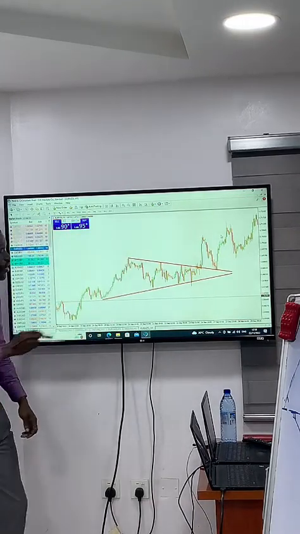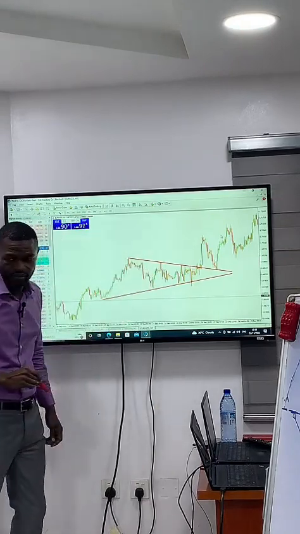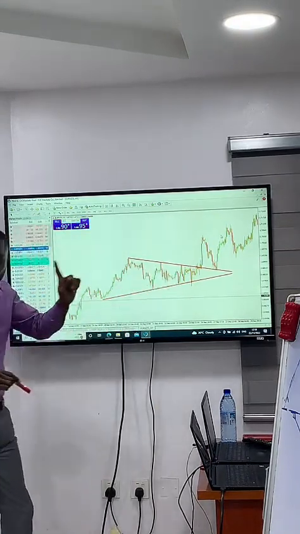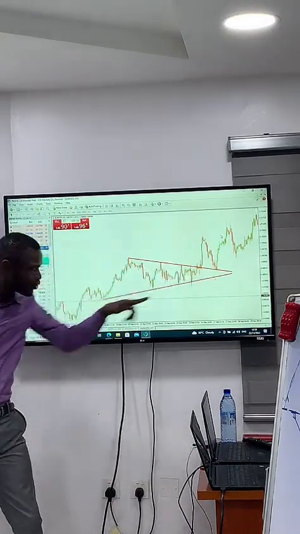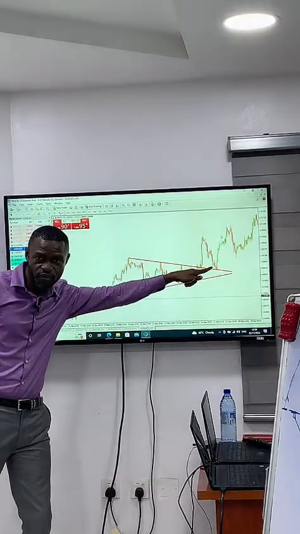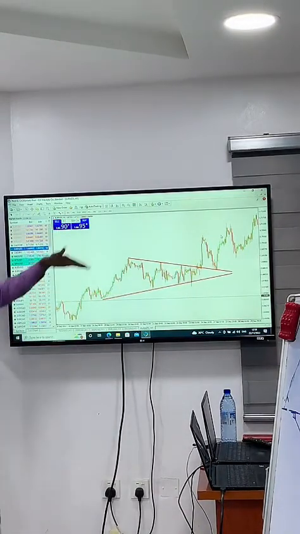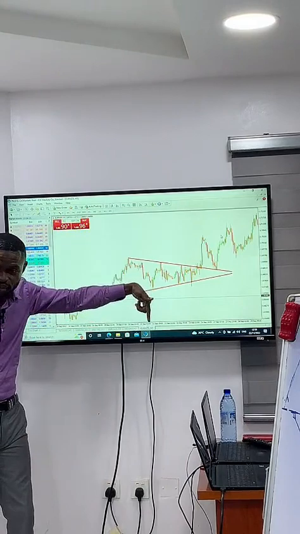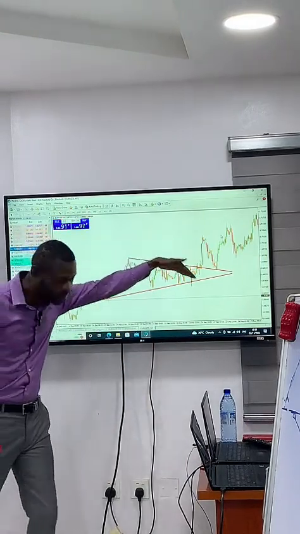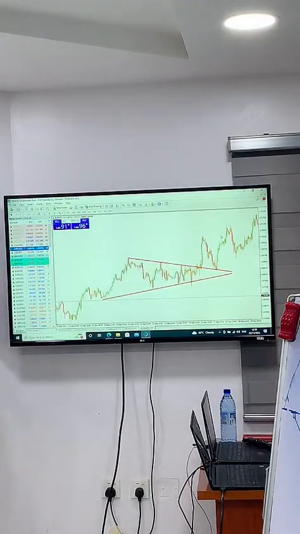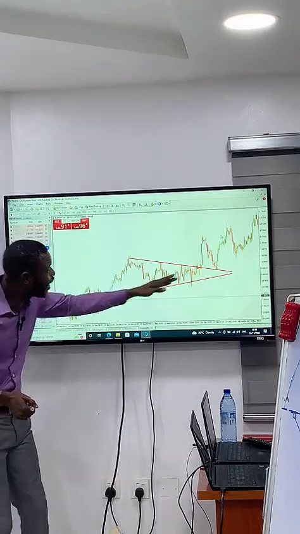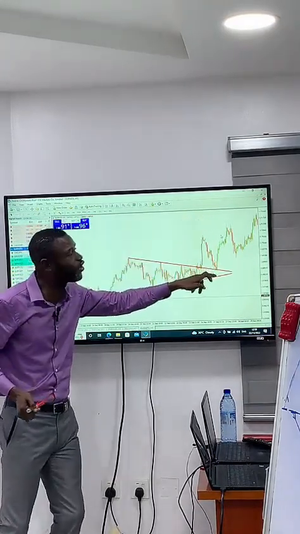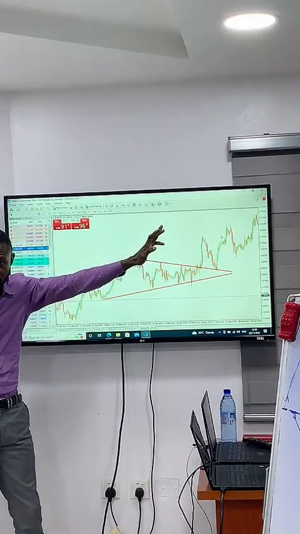It drops. It goes on again from here, it drops. You will discover that in each case, it is making what? Higher lows. All right? But making what? Lower highs. The overall direction, sincerely speaking, is going upwards. Is that okay? Until here it breaks out, retests that position, and continues the buy movement.